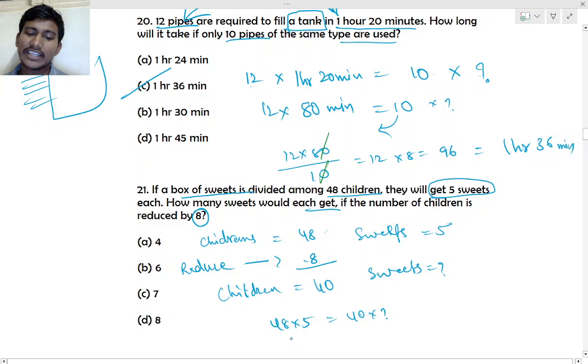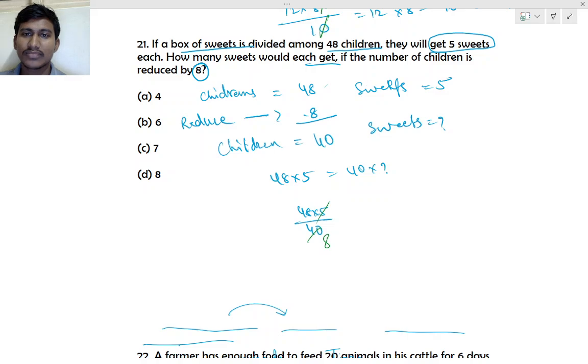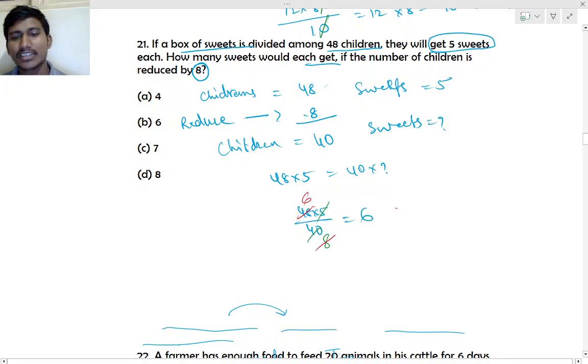So we send it to that side and divide: 48 into 5 divided by 40. 5 8s are 40, and 8 6s are 48. So each will get 6 sweets.